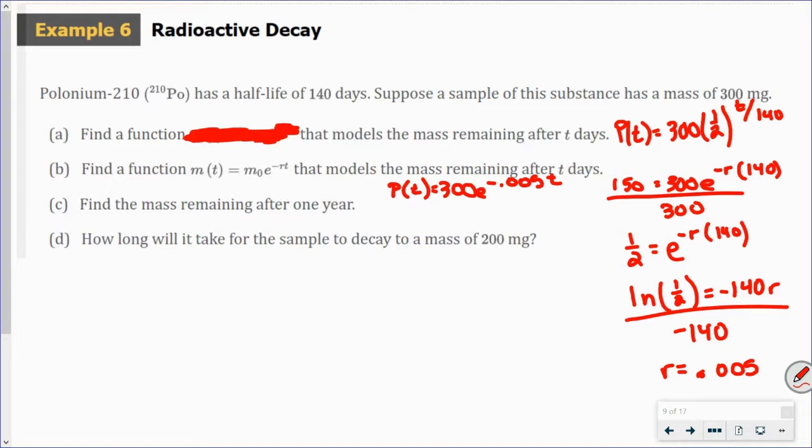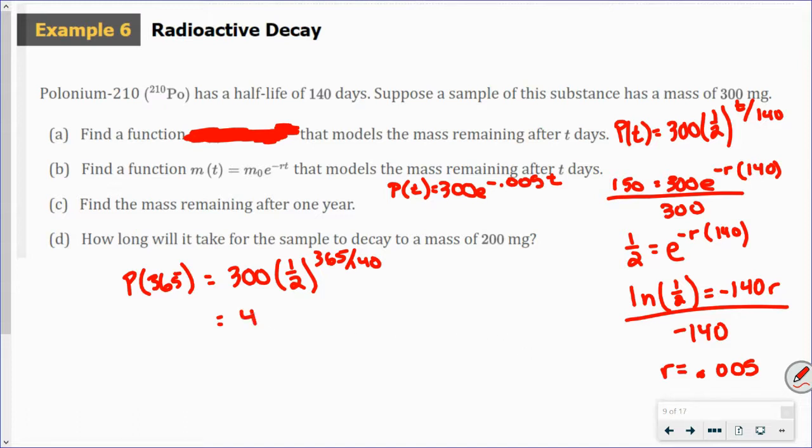Everything was in days, so I want to find P of 365. So that'd be 300 times a half to the 365 over 140.